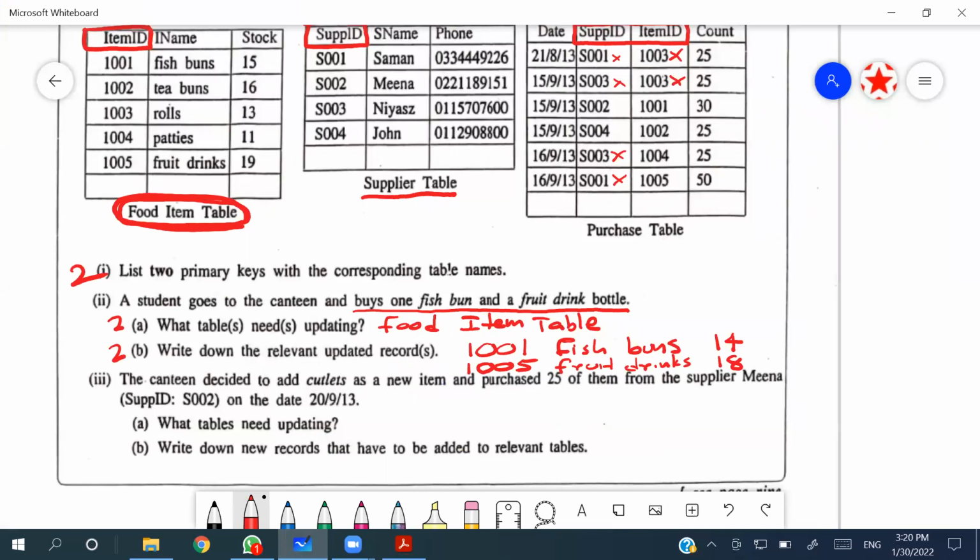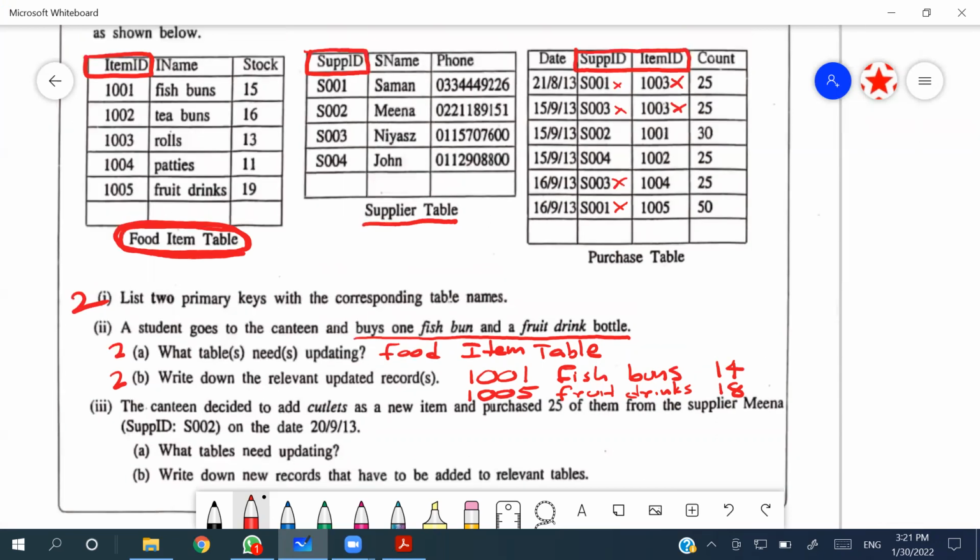And the last one says the canteen decided to add cutlets as a new item and purchased 25 of them from a supplier, Mina, on the date 29/13. What table needs updating? So they directly ask. From their question, we can understand there will be more than one table to be updated. It's the purchase table that's going to be updated, definitely, because a purchasing has happened. And it's a new item.